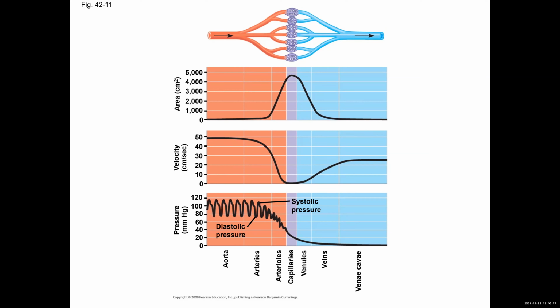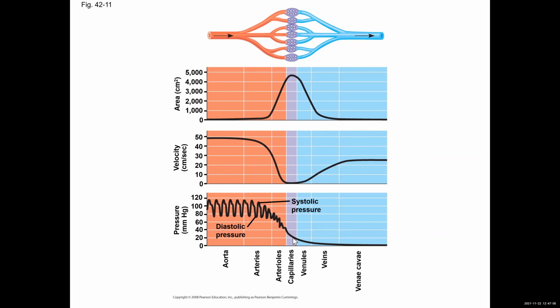Remember that the arteries have a very thick muscular wall, and they're going to be able to keep the pressure high and basically squirt the fluid through instead of letting it expand in volume and reduce its pressure.